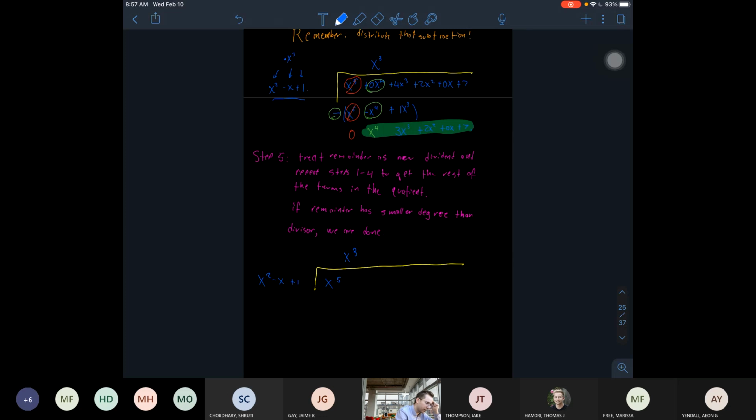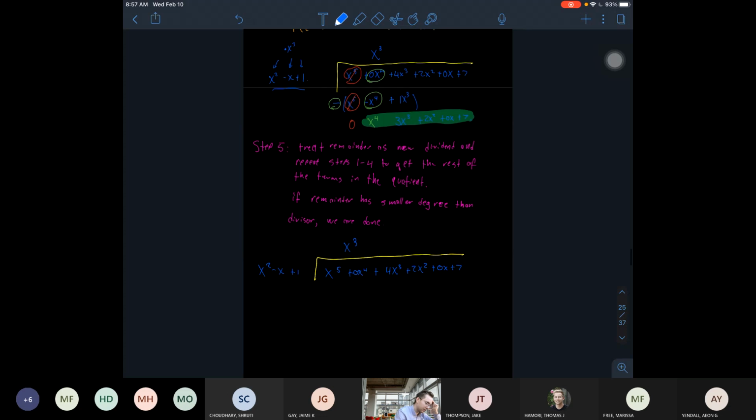I had x to the 5th plus 0x to the 4th plus 4x cubed plus 2x squared plus 0x plus 7. And what I did was I subtracted x to the 5th minus x to the 4th plus x cubed.